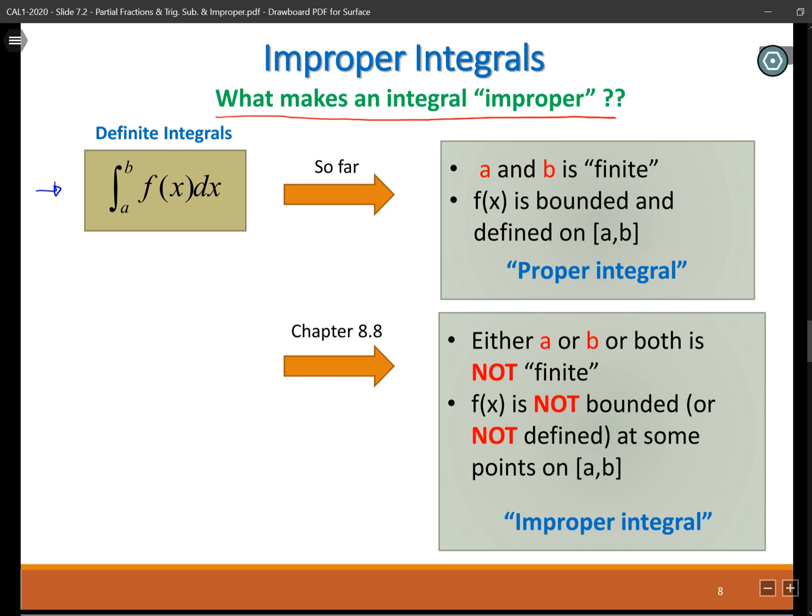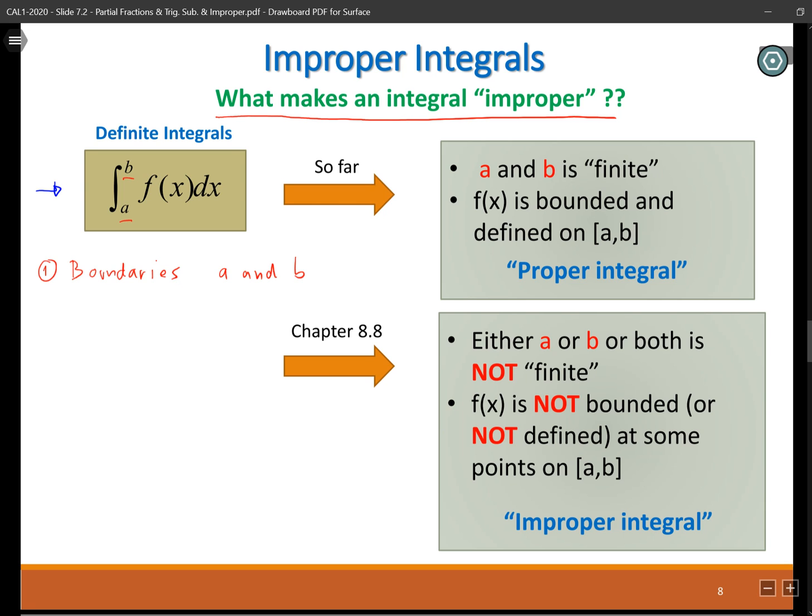Okay, I'm going to keep things simple. The things that we have to look for when it comes to improper and proper is two things. Number one, something about the boundaries, and it's about A and B. Something about A and B is going to make a difference between proper and improper.